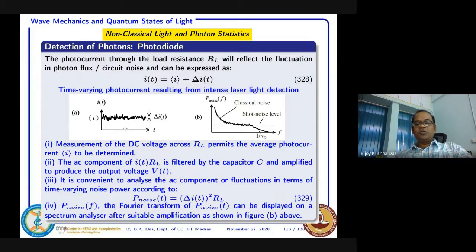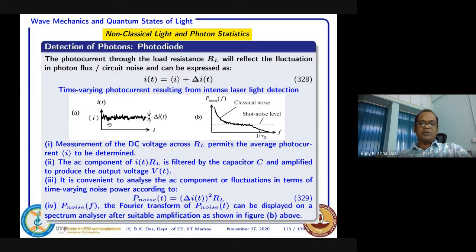So to know the frequency component of the noise, you just do a Fourier transform, then you can see the frequency components. Whatever delta I variation is there, you take the AC component, you subtract it from the average.